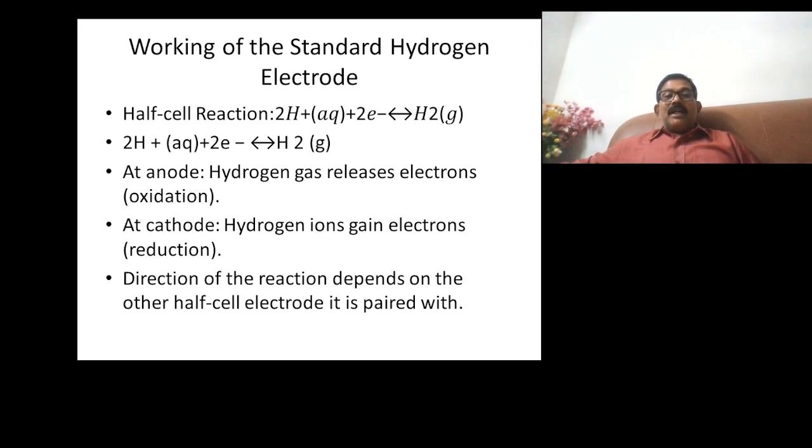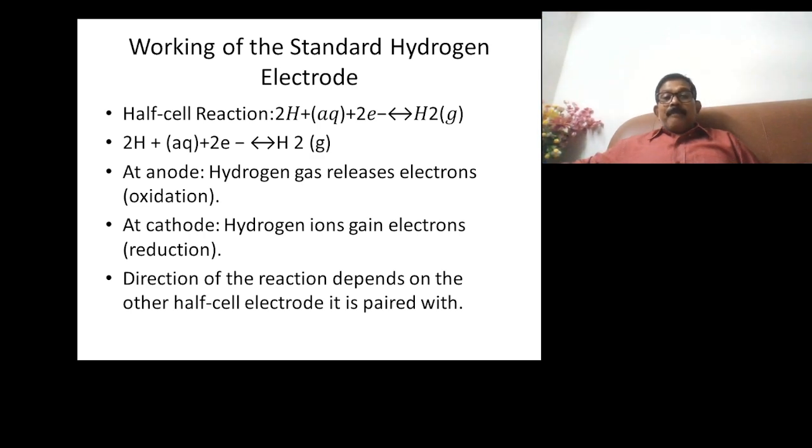So the direction of the reaction depends on the other half cell electrode it is paired with. This particular electrode is linked with or connected to another half cell. So whether the forward reaction takes place or backward reaction takes place depends upon the linked half cell electrode.